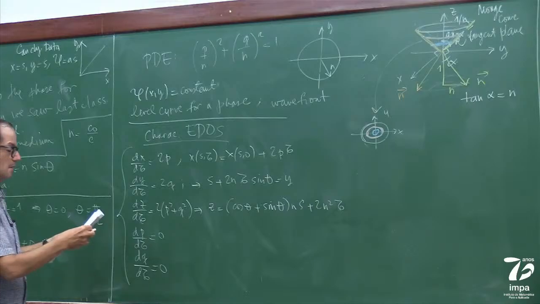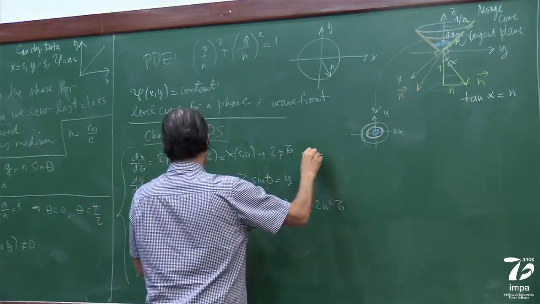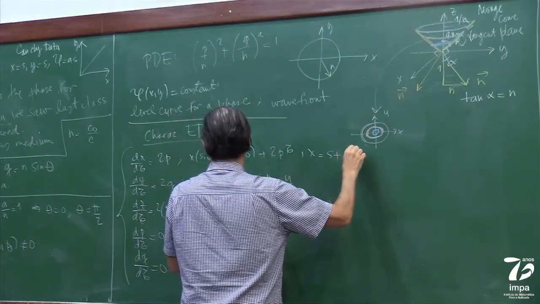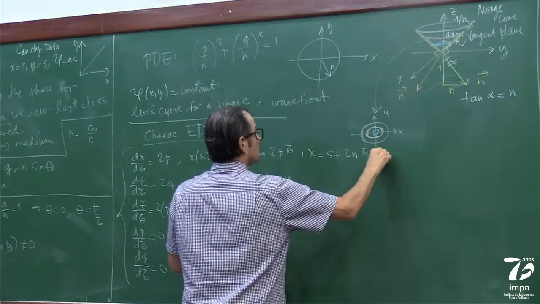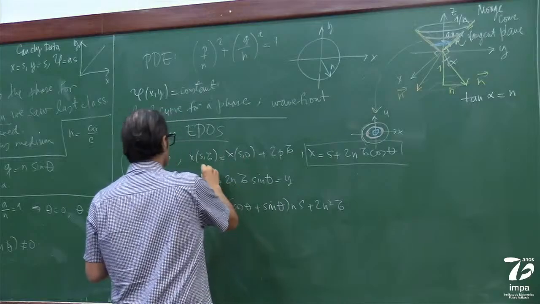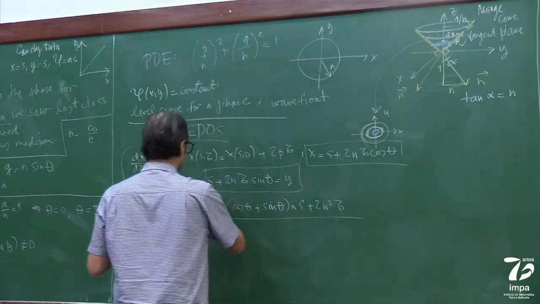Okay. And here, let me complete this. X is equal to S plus 2n tau cosine. So we have all these. Inversion, right? I don't even have to mention that.